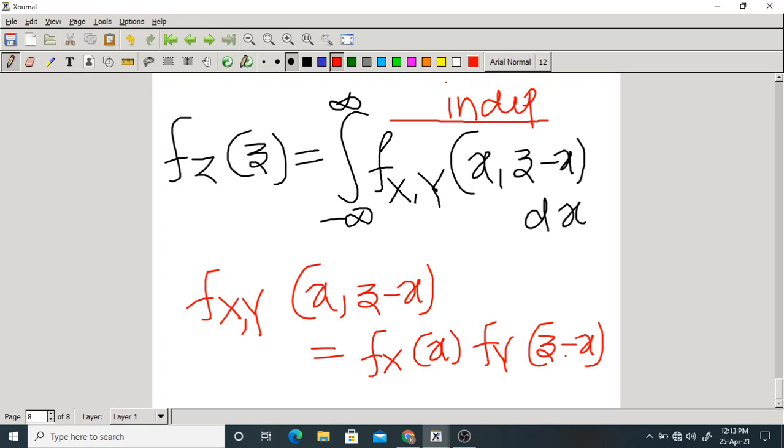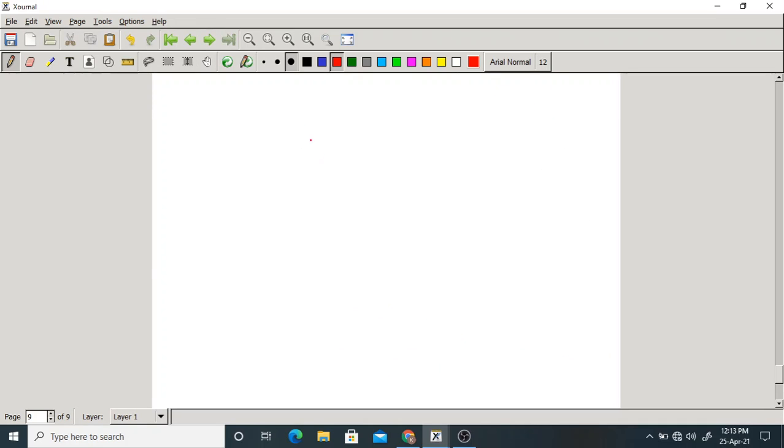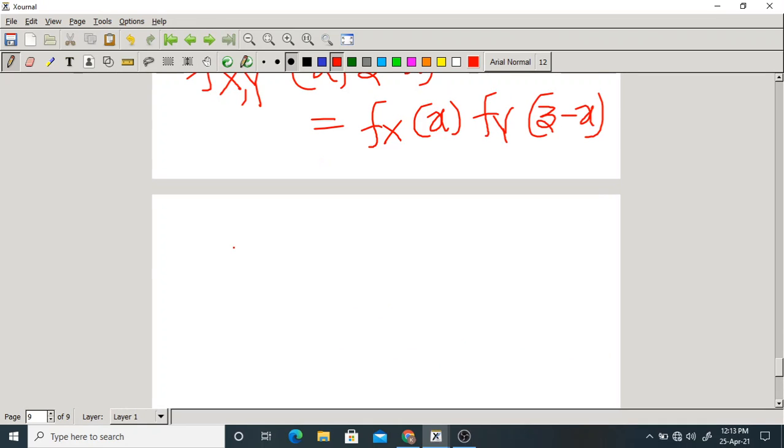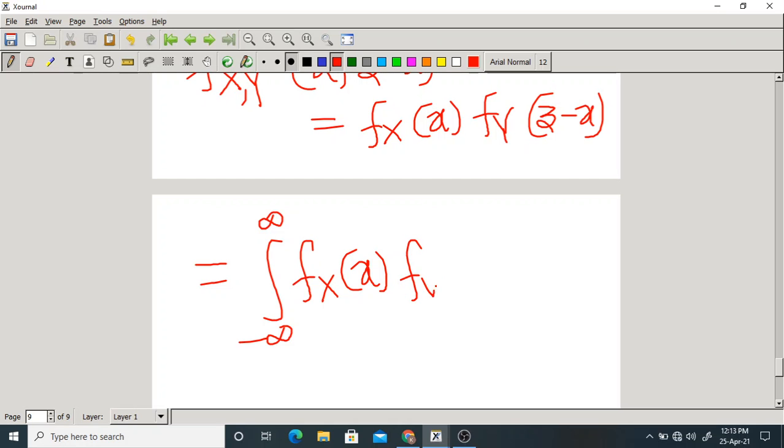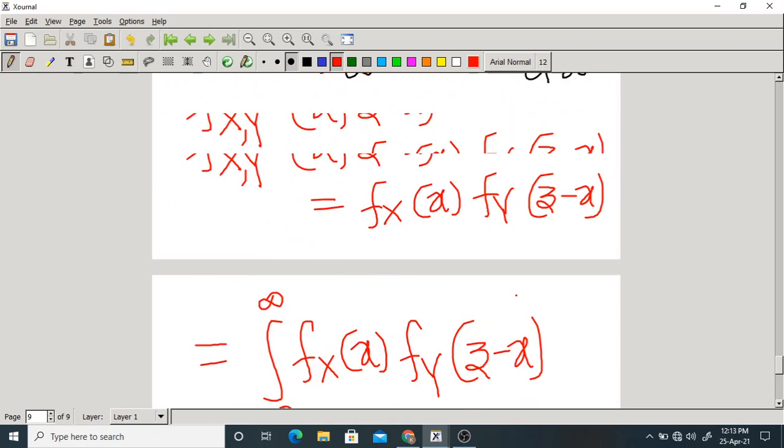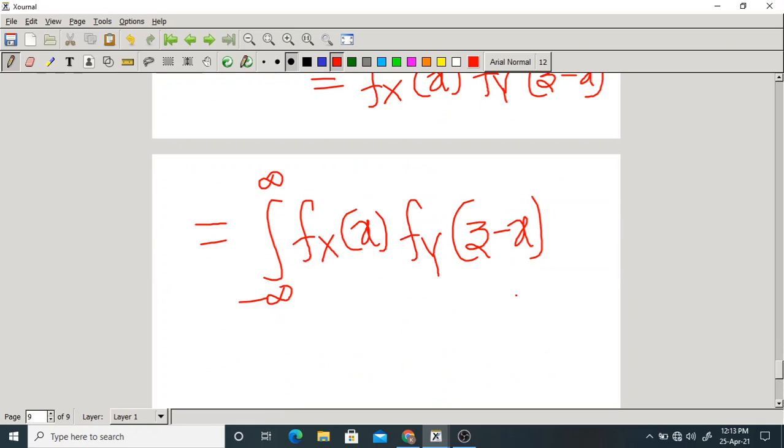Isn't it? Now we substitute in the integral. What do you get? So this further becomes minus to plus infinity fx of x fy of z minus x dx.